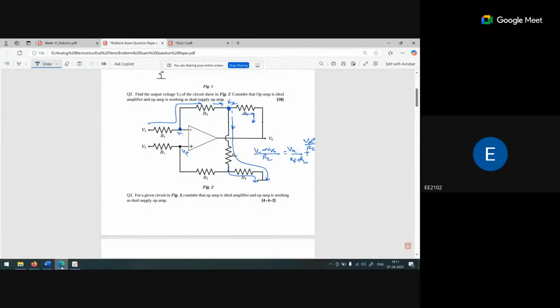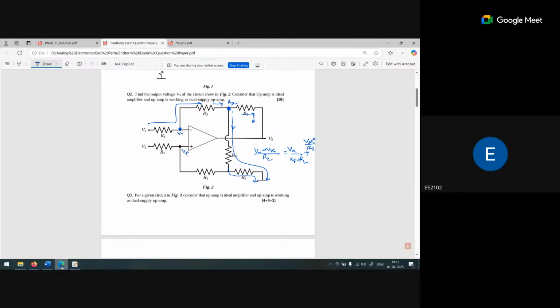I will solve it. Sir, the equation for the V positive is V2 plus (V2 minus Vx) upon R2 is equal to V positive.